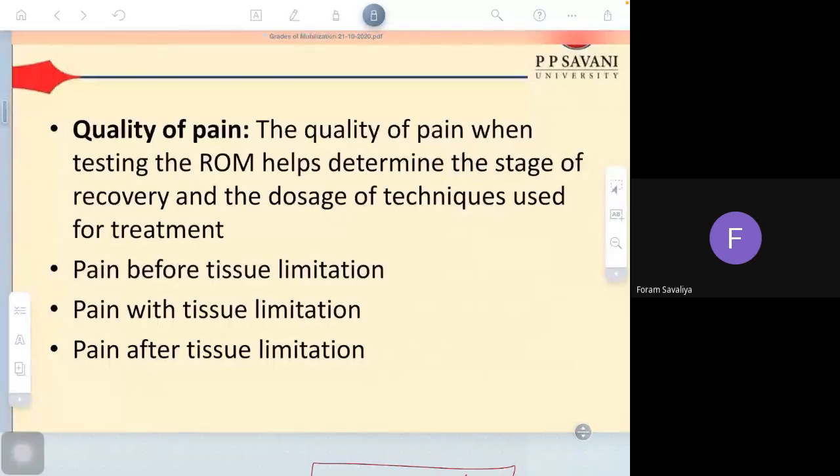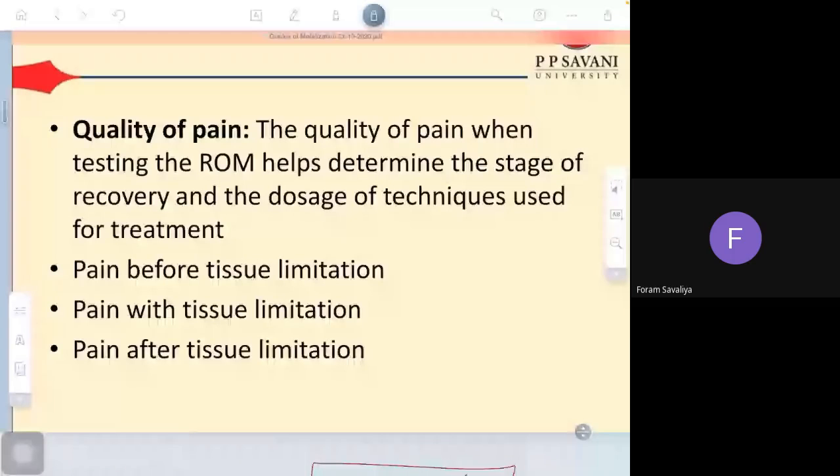Then the next evaluation is you will check the quality of pain. Clear? The quality of pain when testing the range of motion, that is when you are performing the range of motion, will determine the stage of recovery and the dosage of technique.